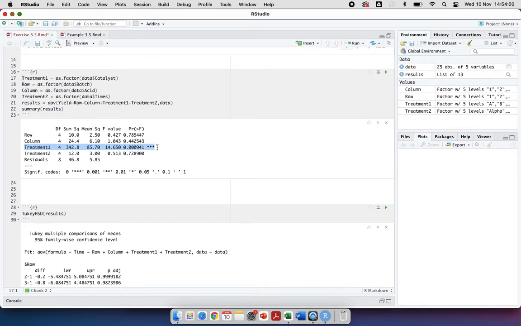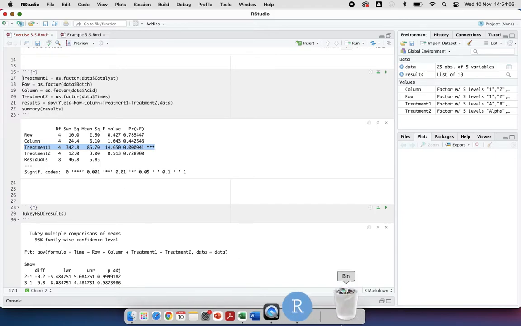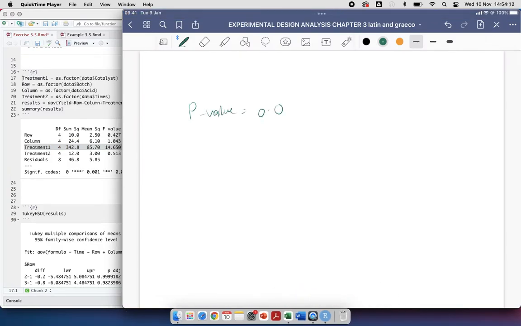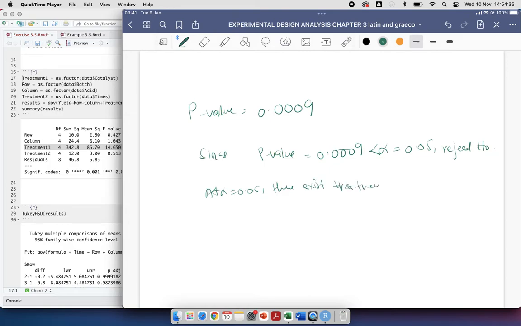So since p-value is equal to 0.0009, less than alpha 0.05, reject H null. So at alpha 0.05, there exists treatment effect. So maksudnya, menggunakan catalyst yang berbeza, dia akan bagi yield yang berbeza.